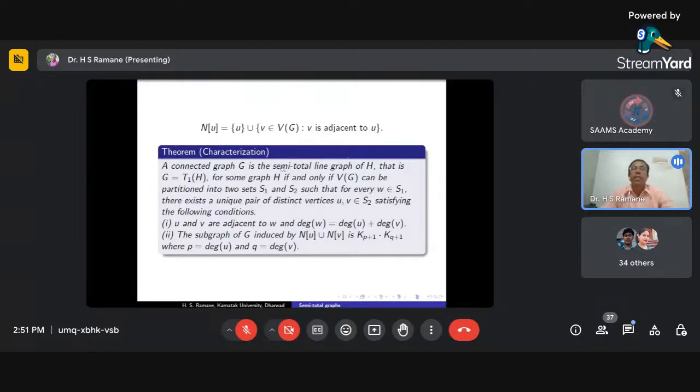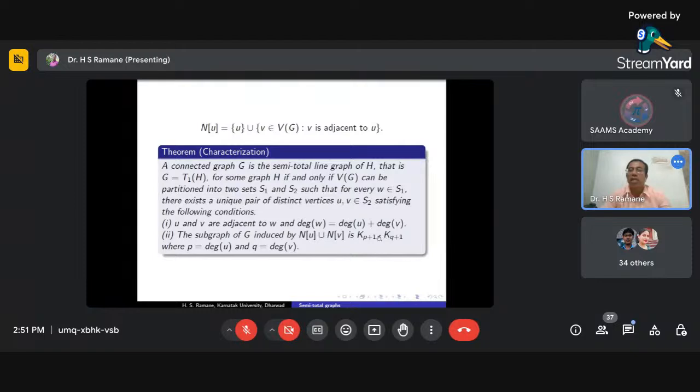U and V are adjacent to W, and the degree of W is the degree of U plus the degree of V. And the subgraph of G induced by the closed neighborhood of U union the closed neighborhood of V is K(p+1) dot K(q+1).